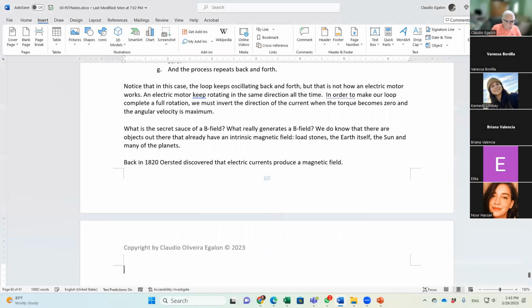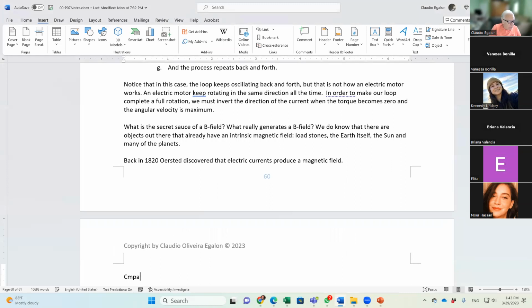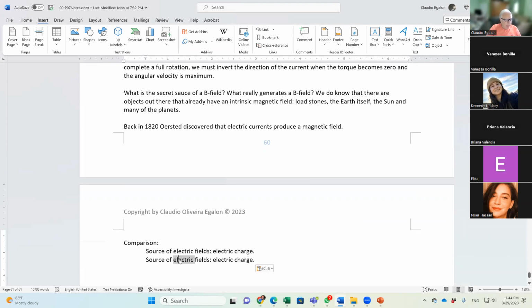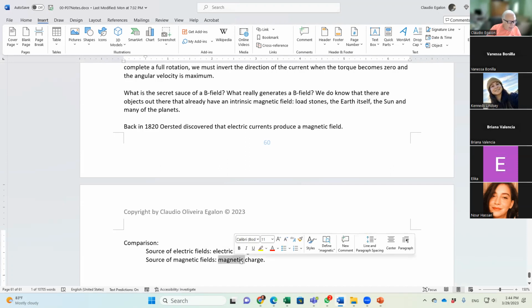Okay, so a comparison here. The source of electric field is an electric charge. The source of magnetic fields is not magnetic charge, it is electric current.